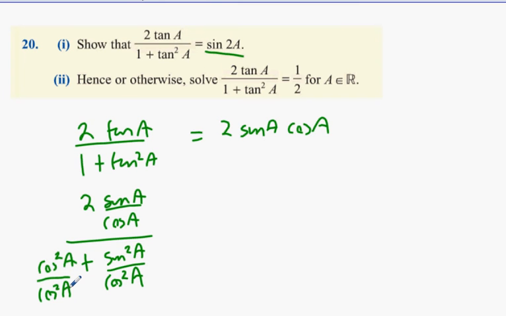Cos squared a plus sin squared a? Oh, that's 1. So 1 over cos squared a? Yeah? So now, bring it up and flip it.